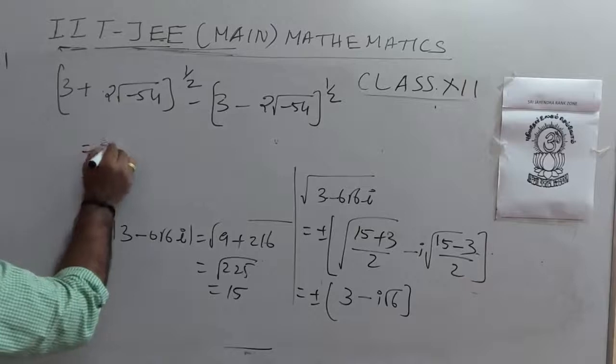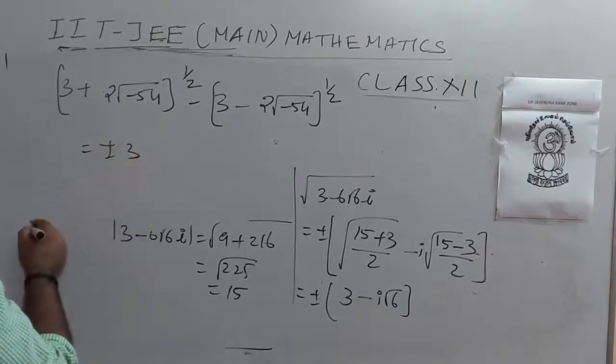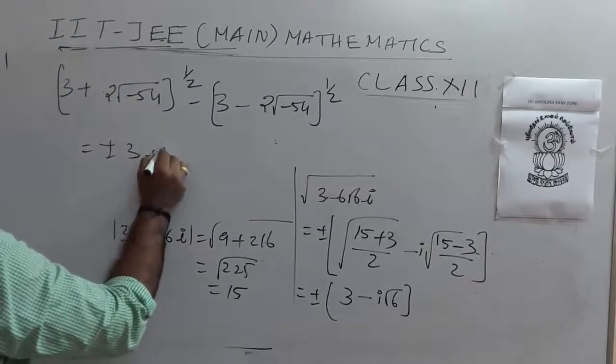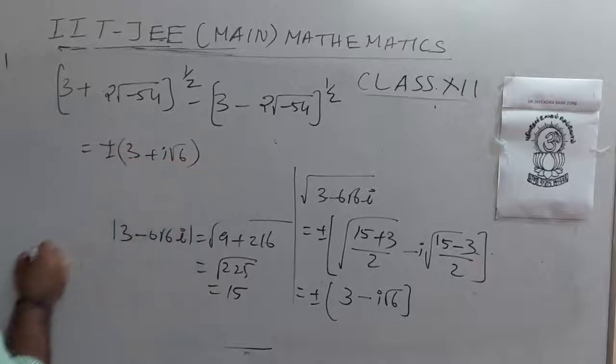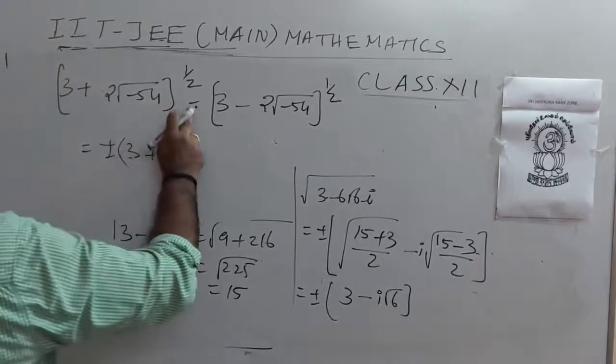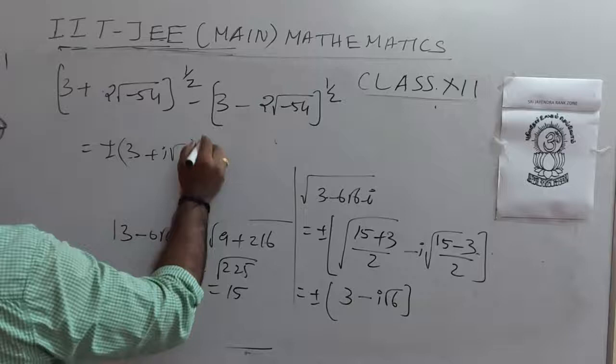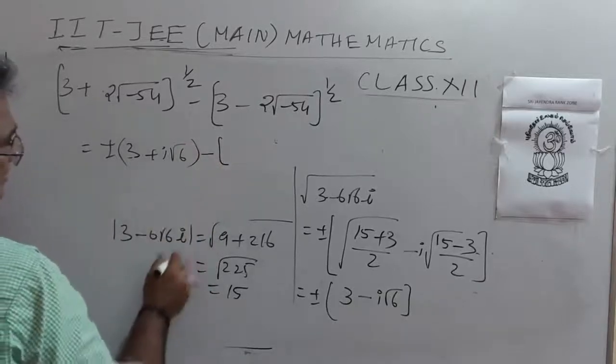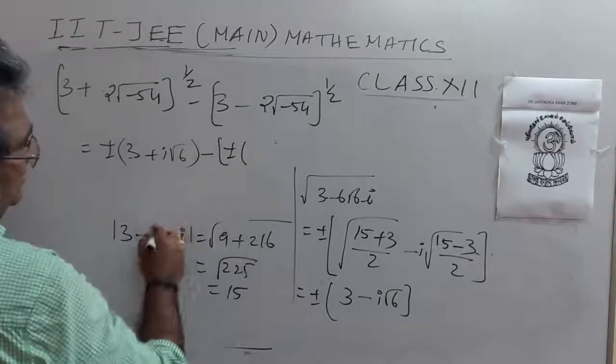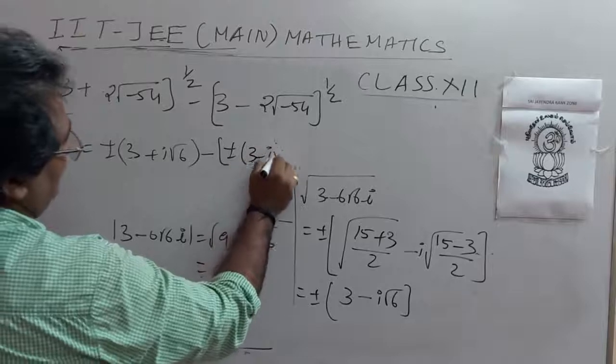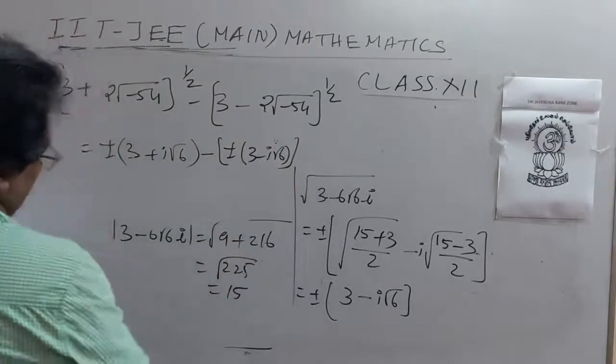Plus or minus 3 plus i root 6. Here we have minus sign, for this, plus or minus 3 minus i root 6.